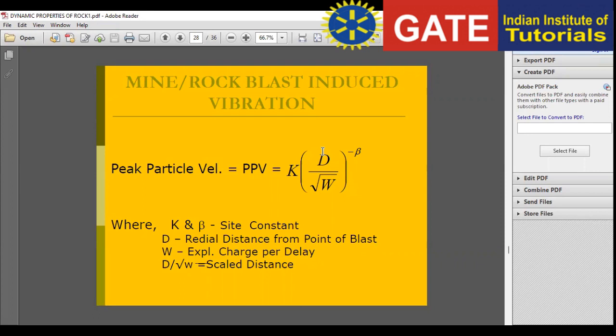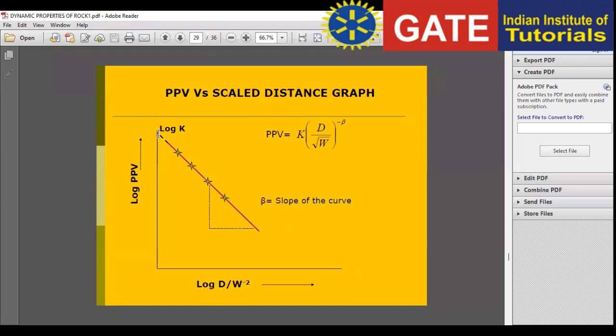So if you plot a curve, the slope will be minus beta, like y equals mx plus c, and the y intercept will be log K. So the y intercept is log K and the slope is minus beta. That's why it is linearly decreasing.